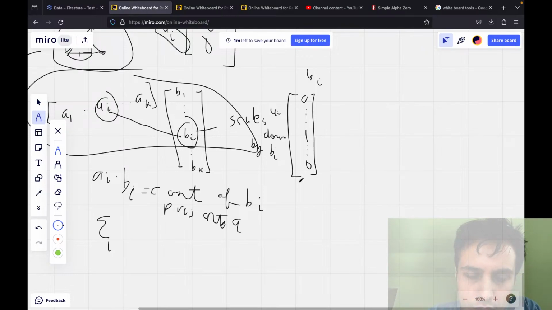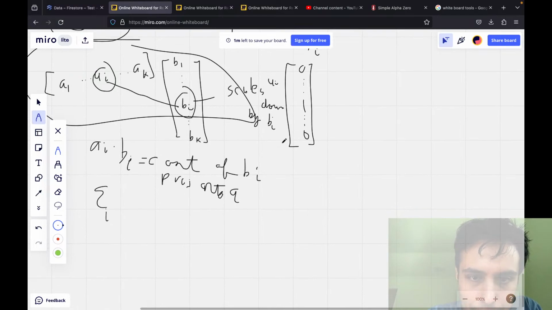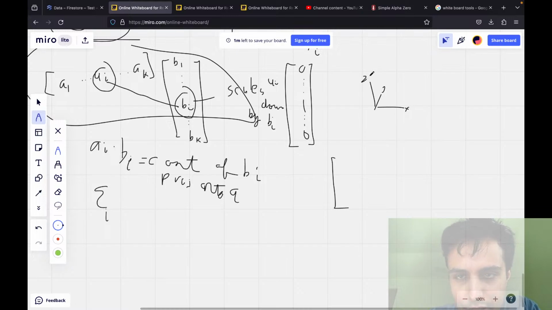Let's say we have an x-axis, a y-axis, and a z-axis, exactly like we were taught. Then the basis vectors, x could be 1 0 0, y is 0 1 0, and z is 0 0 1. That's our typical standard basis.